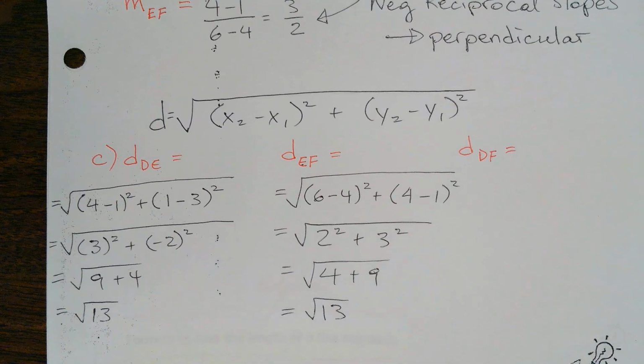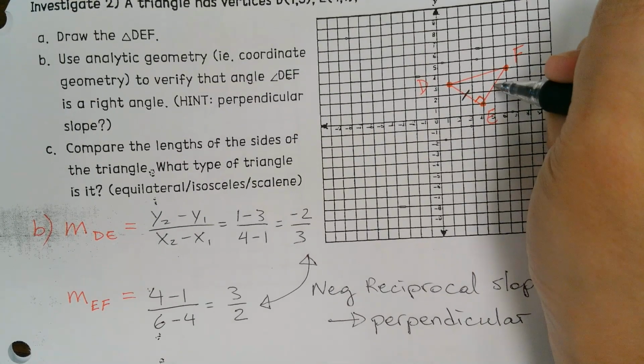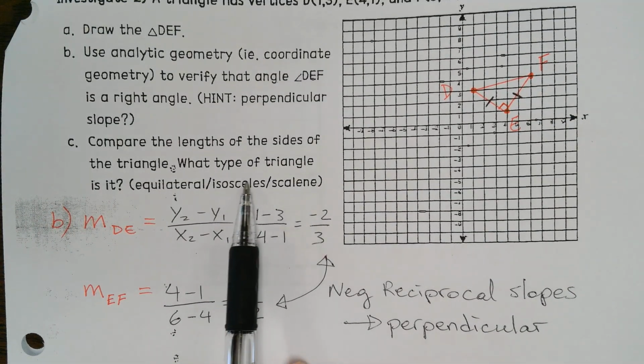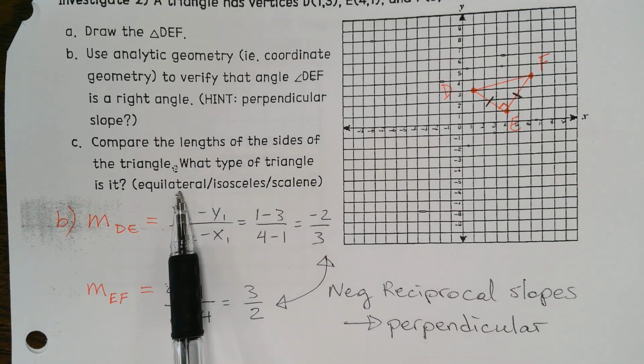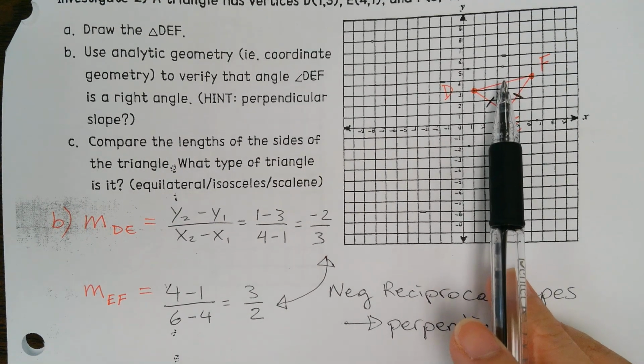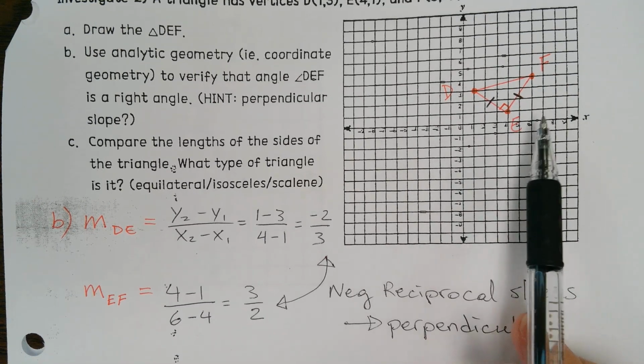Did I need to do all 3? All right, some say yes, some say no. I know that this and this are equal. So far I can say it's either an isosceles or an equilateral. If this is also root 13, then I know it's an equilateral triangle, right?